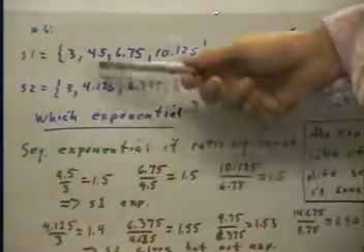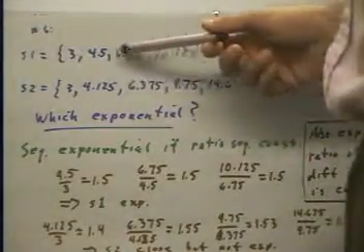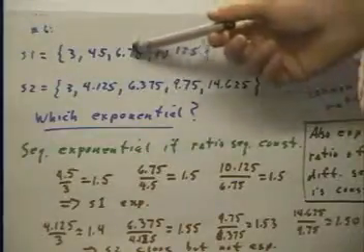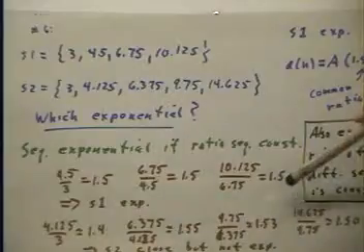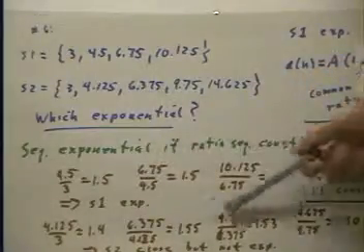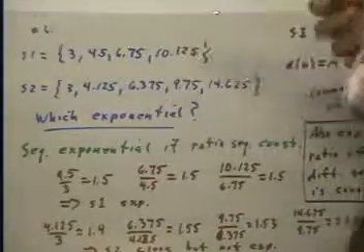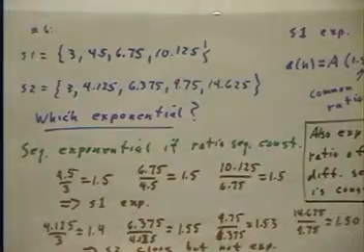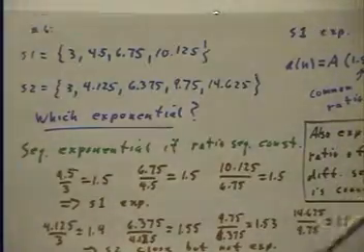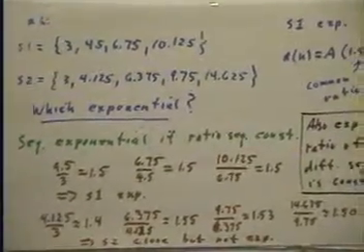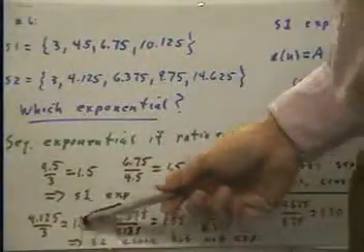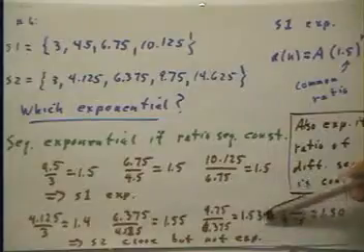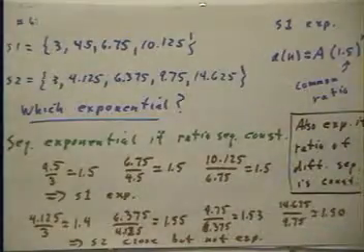So if we take the ratios, 4.5 divided by 3, 6.75 divided by 4.5, and so forth, and calculate those, and see, as in this case, that they all come out the same, then we conclude that the sequence is perfectly exponential. The second sequence gives us ratios dividing each number by its predecessor, 1.4, 1.55, 1.53, 1.50.